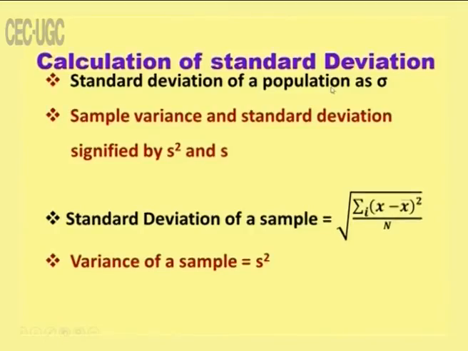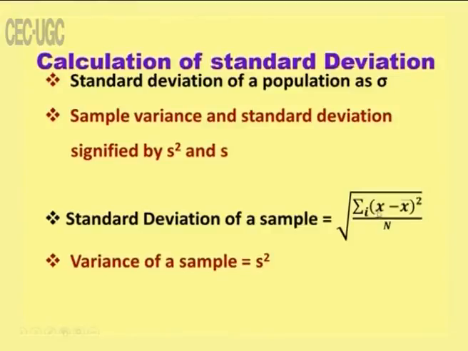Now, how to calculate the standard deviation? The standard deviation of a population is sigma, and the sample variance and standard deviation are signified by S square and S. The standard deviation of a sample is given by the formula: square root of summation of (x minus x bar) whole square divided by n, where x is the particular value and x bar is the average.